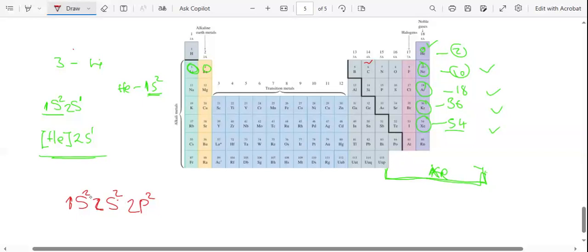So I'm still less than 10, so I'm using helium as a reference. So I'll put helium there, then 2s2, then 2p2. That's all. That is the noble gas configuration.